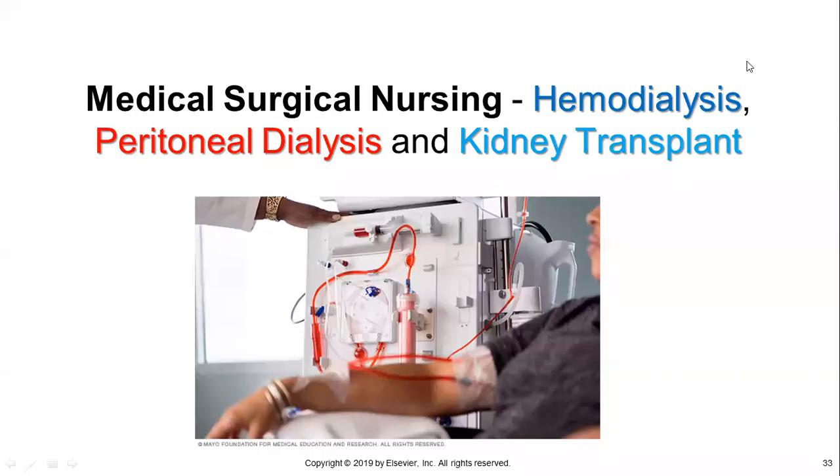So in this PowerPoint, we are going to focus on hemodialysis, peritoneal dialysis, and kidney transplant. If you ask me when a patient needs dialysis or transplant, the answer is when the kidneys are not working properly, the patient may require dialysis or kidney transplant.